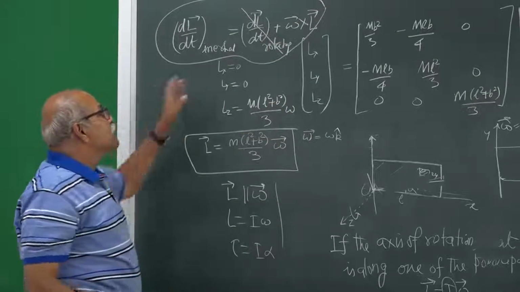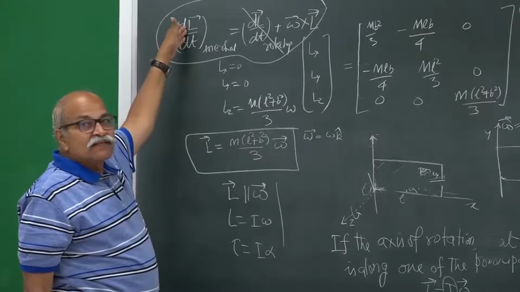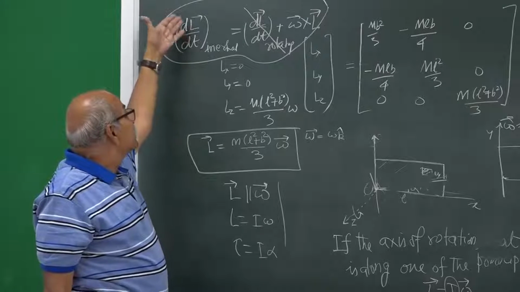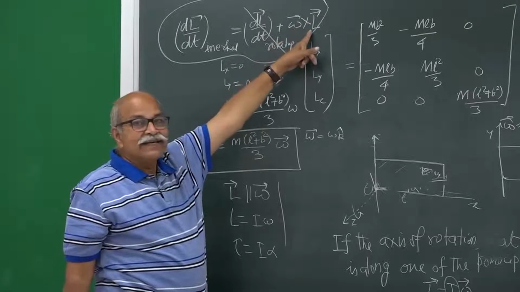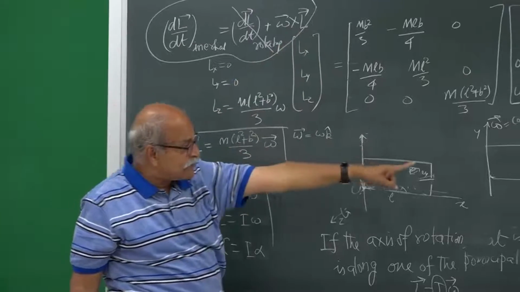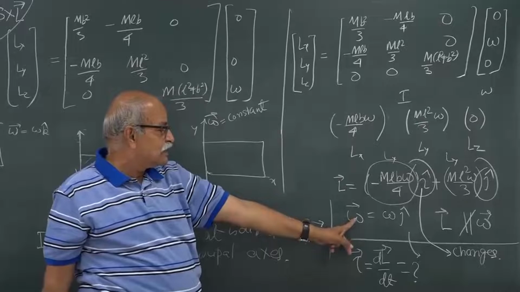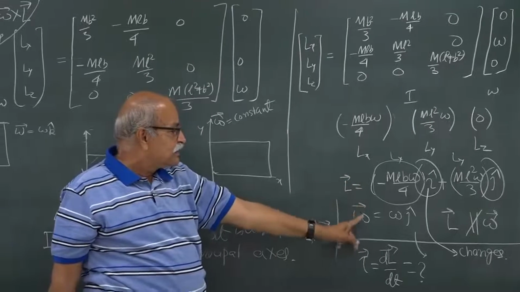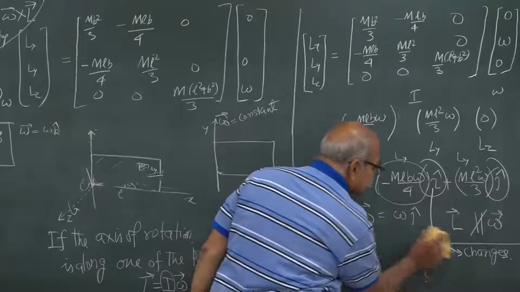In the rotating frame this L is constant, but in the inertial frame, which is non-rotating, dL/dt is equal to omega cross L. You have the expression for L, and you have the expression for omega. You can calculate from here what the torque is. So, let us do that.